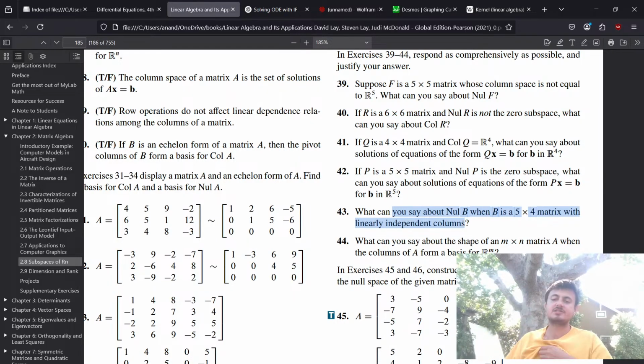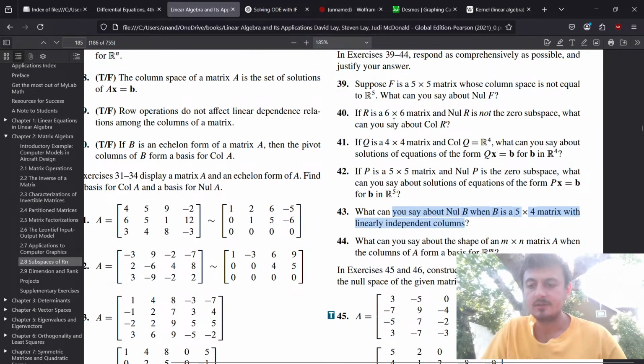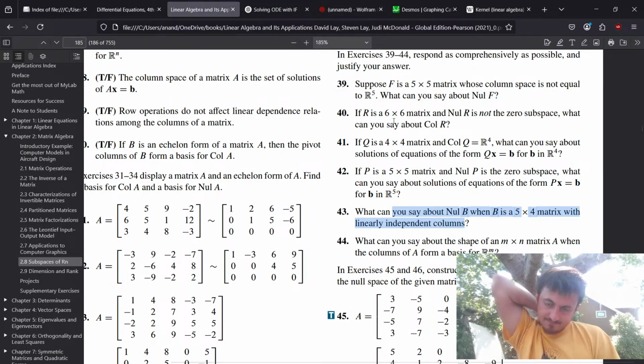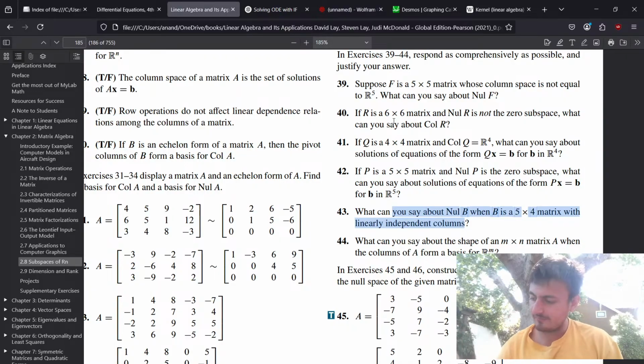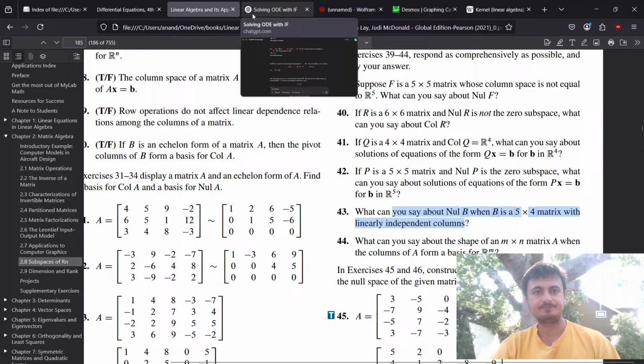Even though there's 5 equations and there's no way we could span R5, since we know the columns are independent, the only linear combination that gives 0 is the 0 vector.